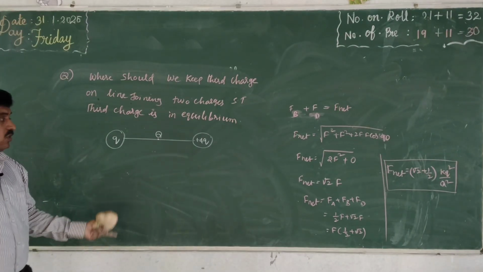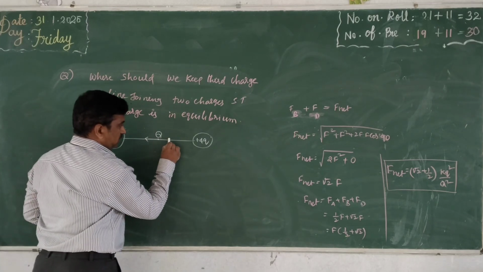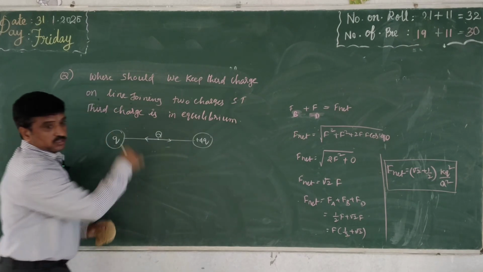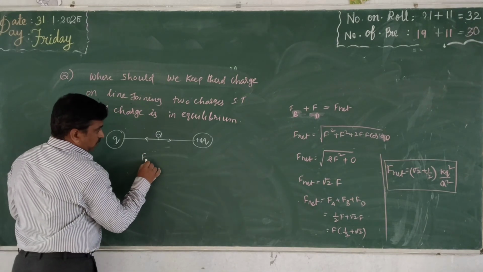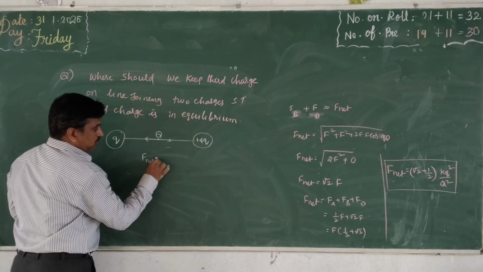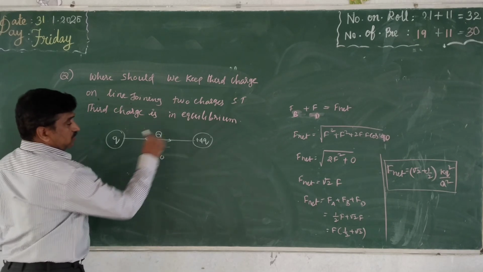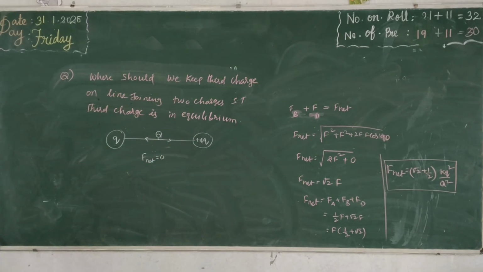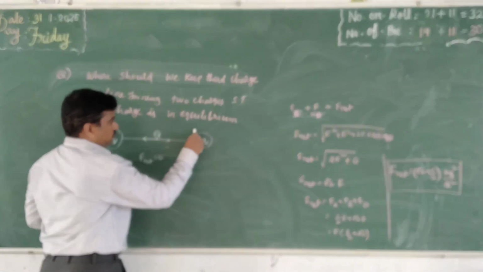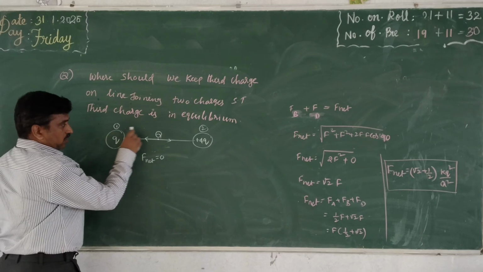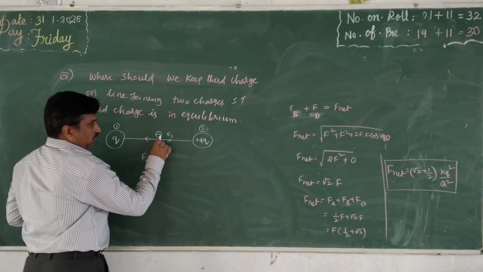Equilibrium means F net is zero. Due to this charge some force is acting in this direction, due to the other some force is acting in this direction, and these two forces are opposite and their sum is 0. F net equal to 0 means the net force on q is 0, so we can say q is in equilibrium. For that, let F1 be the force on q due to the first charge, in this direction, and F2 the force on q due to the second charge.